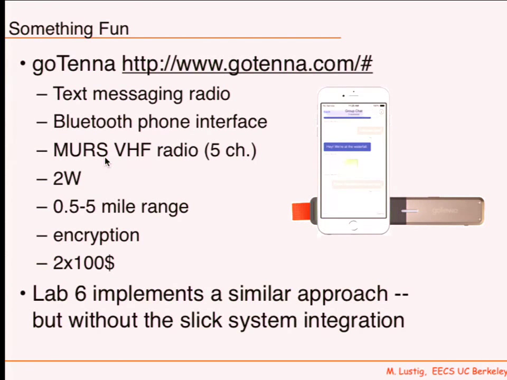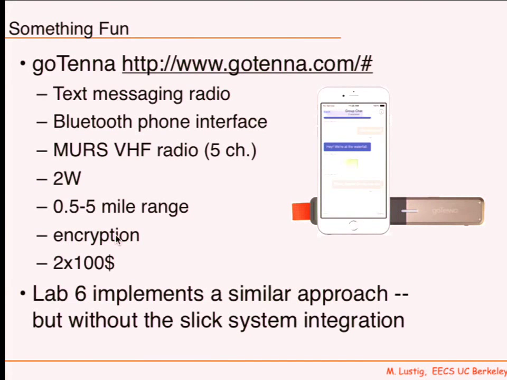Maximum of 2 watts gives you this kind of range. And it does have encryption in it. If you have an amateur radio license, you cannot encrypt anything because you use it just for a hobby, and it's self-policed. But on the MURS frequencies, you can do encryption, but you cannot transmit more than 2 watts. Trade-offs. It's $100 per device, but you have to buy 2.